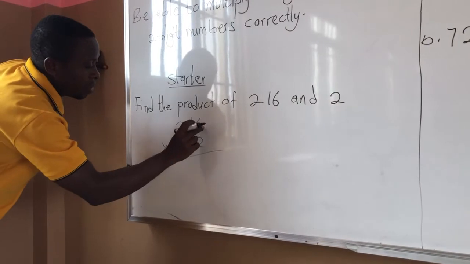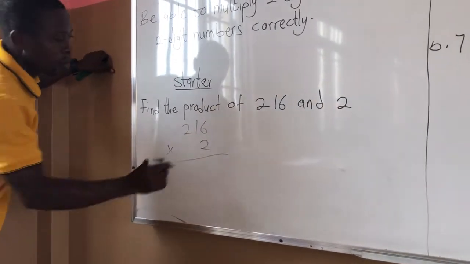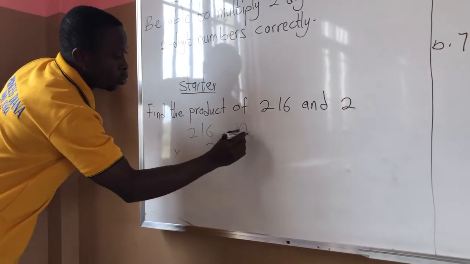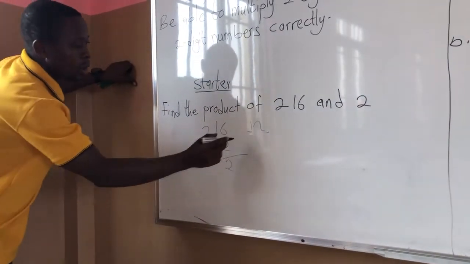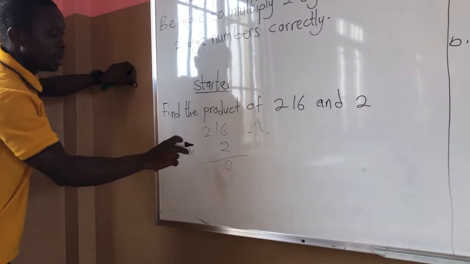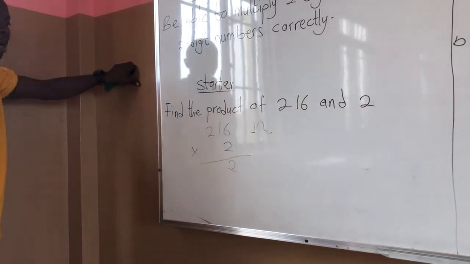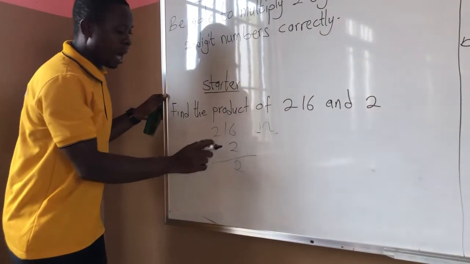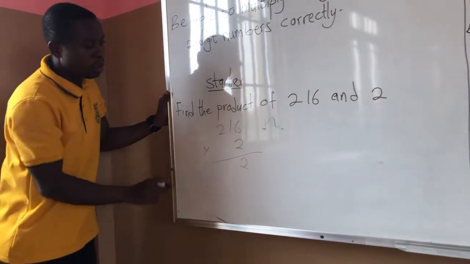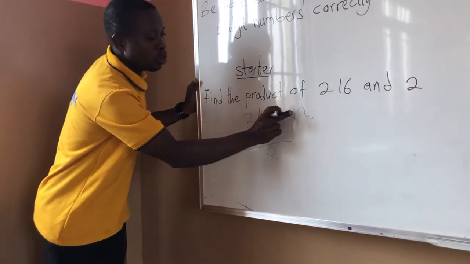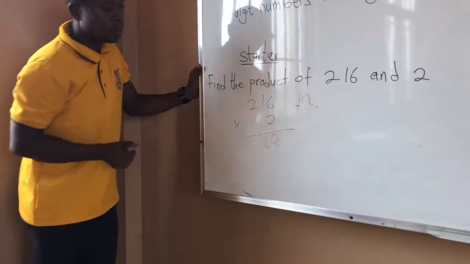We have 2 times 6 is 12. So we write the 2, then we carry the 1. Don't add it to this. You multiply first, and after multiplying, you add it. Now we have 2 times 1 is 2, plus this 1 is 3.